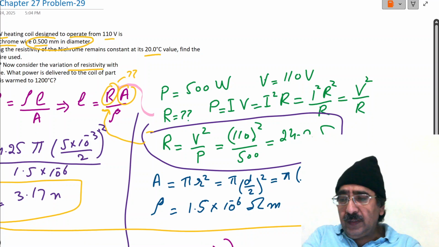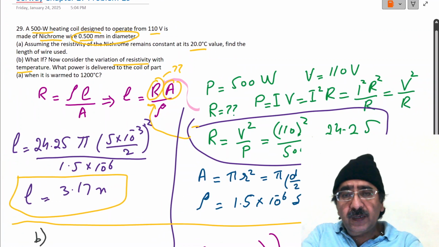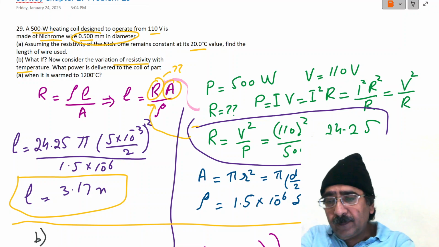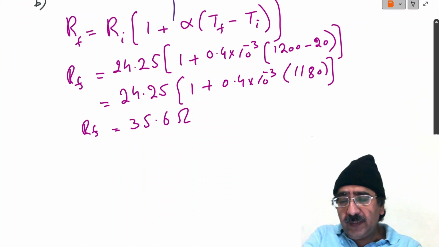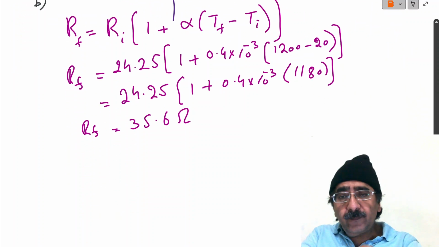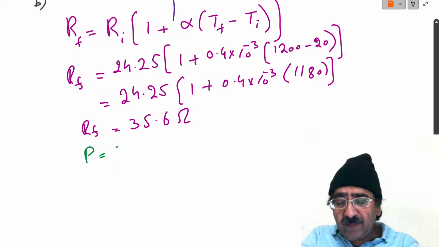So the B part was power delivered. We have to find the P. What will be the P?